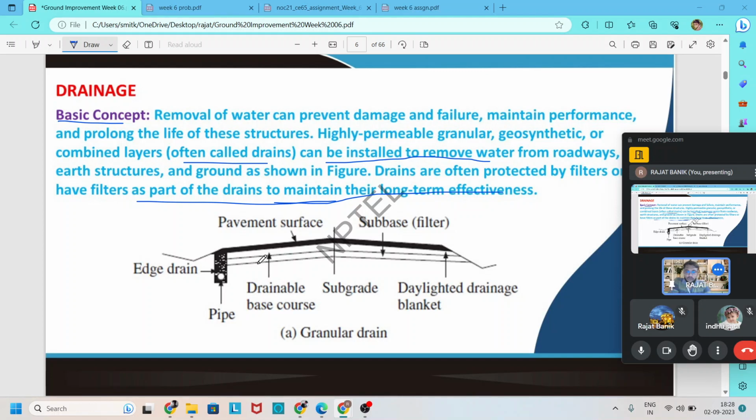You can see that one granular drain is built at the left side in the figure. The main purpose of this drain is to collect water from outside the pavement or from the pavement and drain it out by a pipe or some other arrangement, so that the pavement structure may be saved from this water.